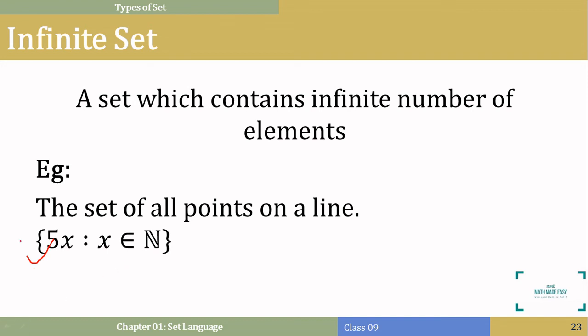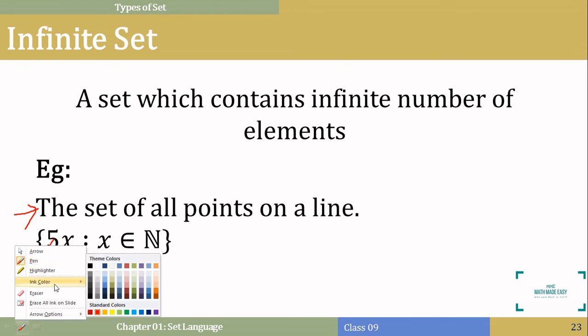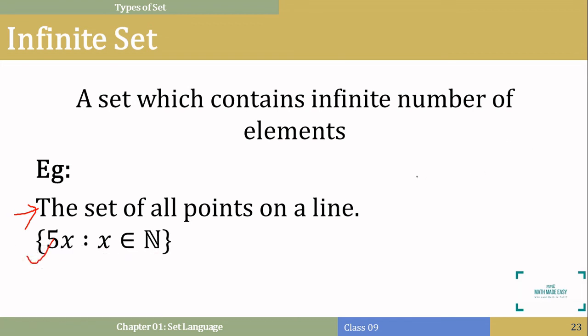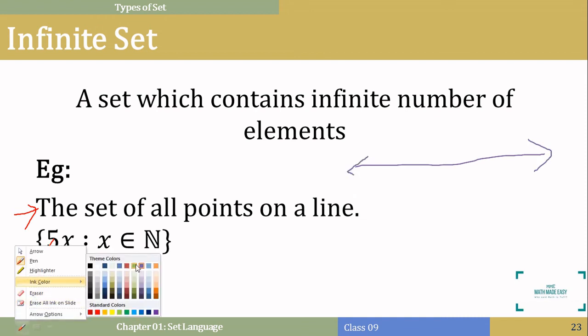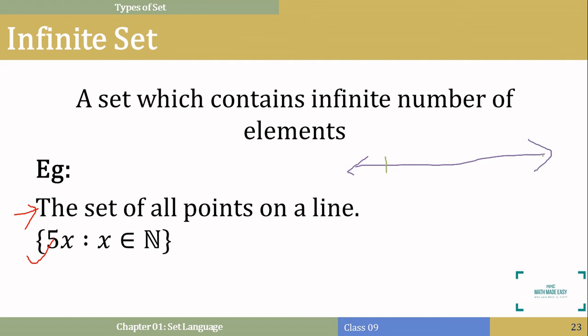Let's consider the first example now. The set of all points on a line. Given a line, let's mark points on it. Let's mark a point here, let's mark a point here, and again let's mark a point in the middle, and let's mark a point again in the middle of the first 2 points, again in the middle, and whatnot.